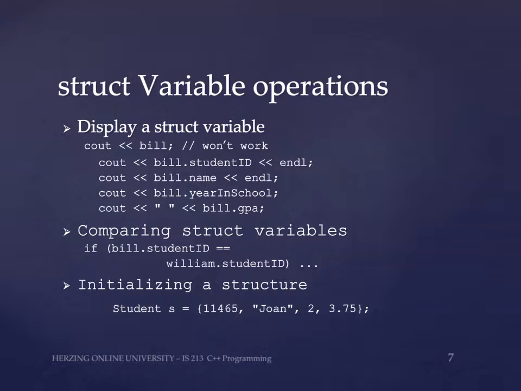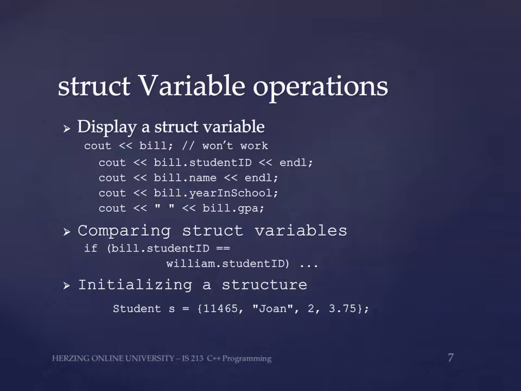To display a struct variable, basically to display the contents of a struct variable, you must display each field separately using the dot operator, as we mentioned before. In this case, if you have cout bill, that doesn't work because you are not saying which member of the structure bill you need to print out.